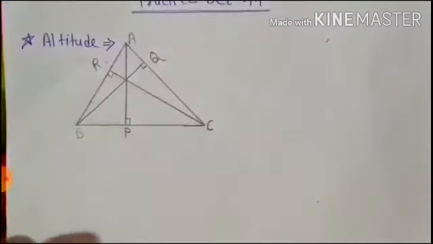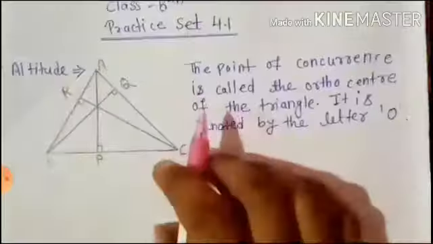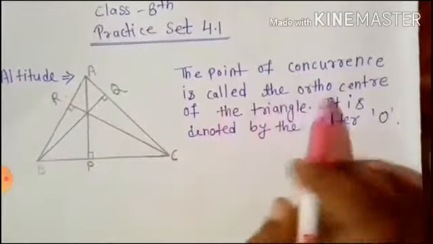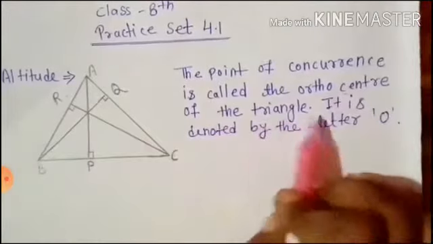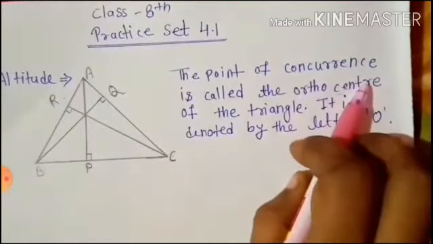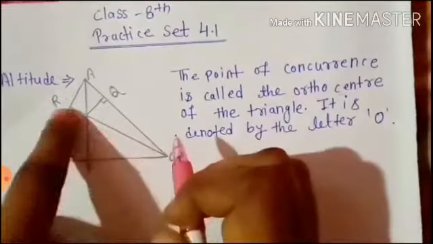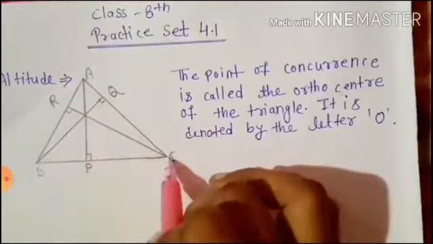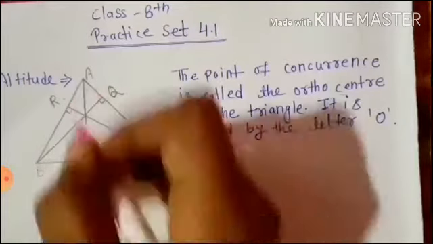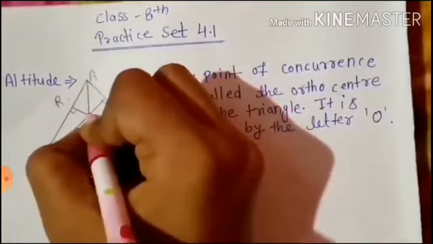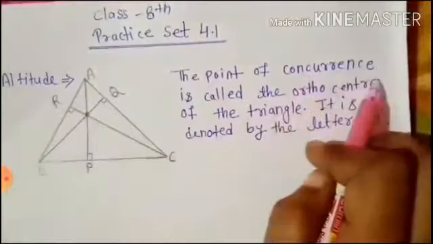Now point 3: the point of concurrence is called the orthocenter of the triangle. It is denoted by the letter O. What is the meaning of orthocenter? If three altitudes intersect each other at a certain point, it is called the orthocenter.